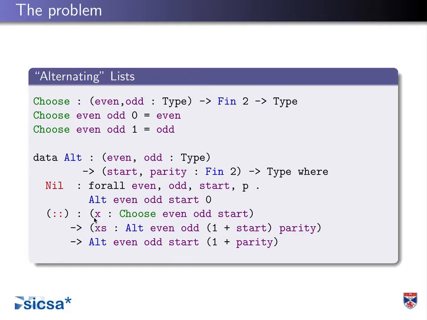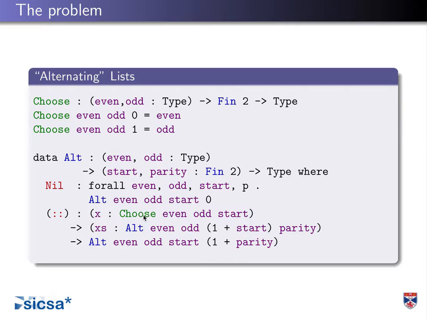If we want to add an element to a list, well, we need to know what the parity of the tail of the list is, and then the element that we're adding at the front has to be the opposite parity. So choose says if we're at parity 0, we need the even type. If we're at parity 1, we need the odd type. So as we go through the list, the parity is going to be changing.